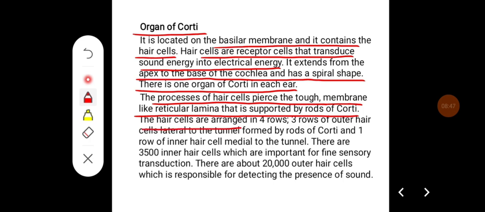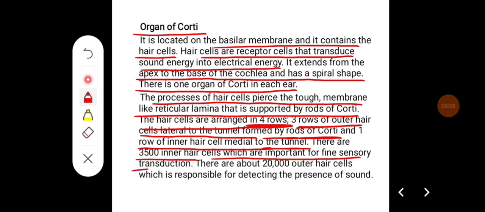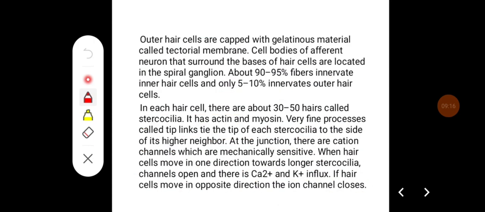The hair cells are arranged in 4 rows, with 3 rows of outer hair cells lateral to the tunnel formed by the rods of Corti and 1 row of inner hair cells medial to the tunnel. There are around 3,500 inner hair cells which are important for fine sensory transduction, and about 20,000 outer hair cells which are responsible for detecting the presence of sound.